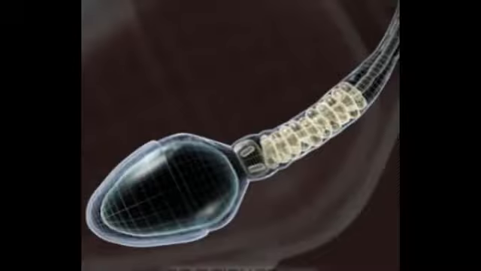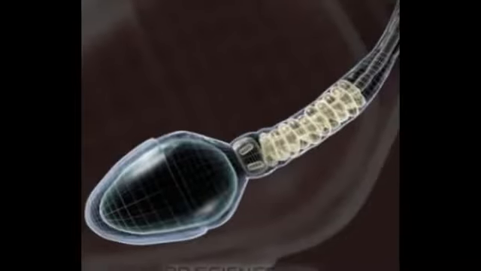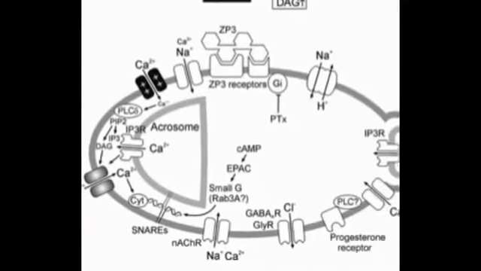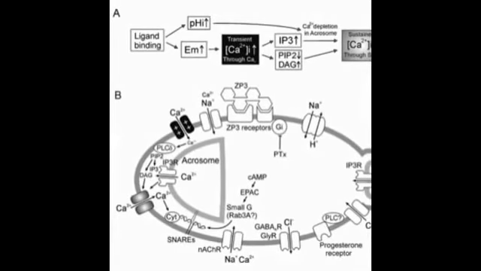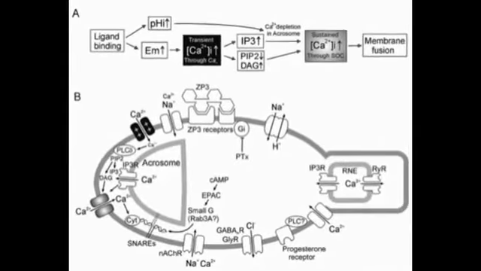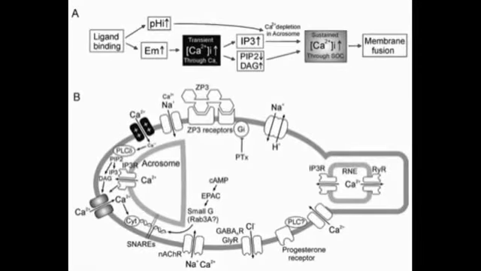The head of that cell actually goes inside of the egg cell, and to be able to go inside it needs a different kind of mechanism to open the wall of the egg cell. I will not keep you busy with all the process, but it is interesting to see that the wall of the head of the spermatozoid is full of calcium channels.